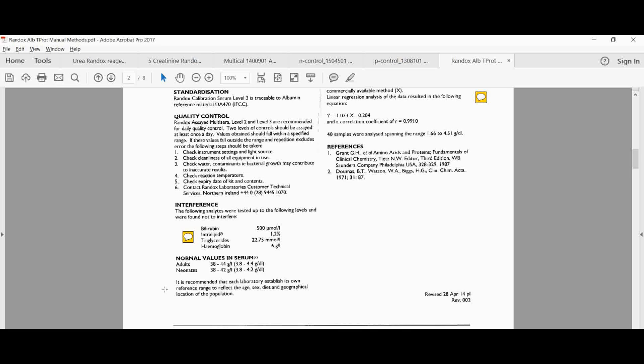If you compare that with people in Asia, for instance, maybe they don't eat a lot of curry and they don't eat a lot of vegetables, or they eat a certain type of vegetable, then that will change the reference range of that population group.